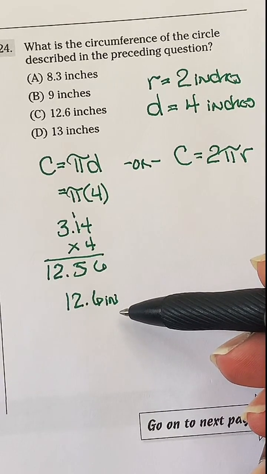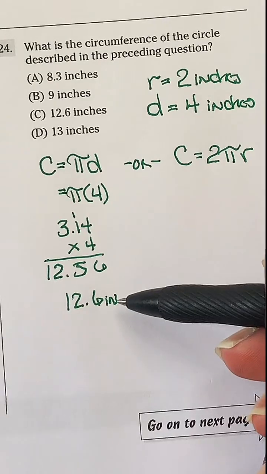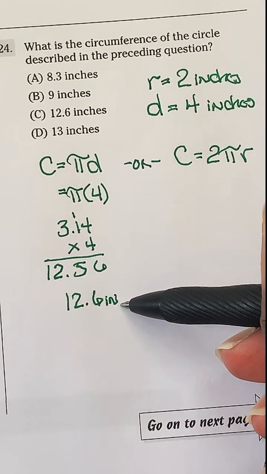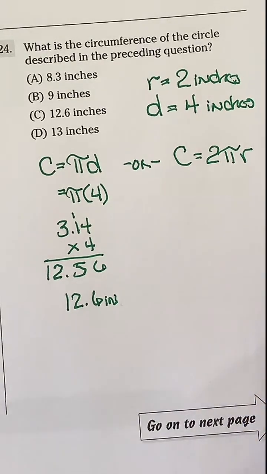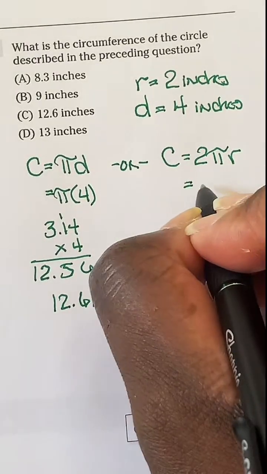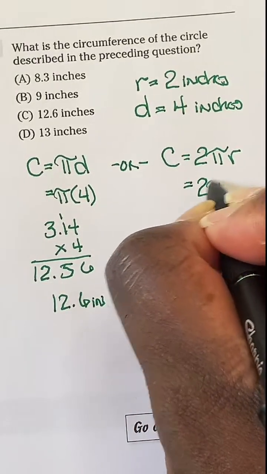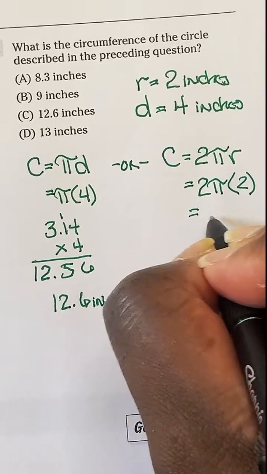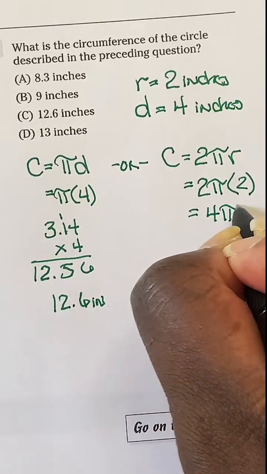Area is the one that gives you the squared version of your measurements. Circumference and perimeter just give you the units, okay? So if you tried to do it with your radius, so 2 pi, your radius was 2. 2 times 2 would give you 4.